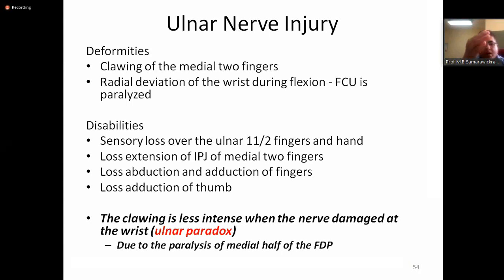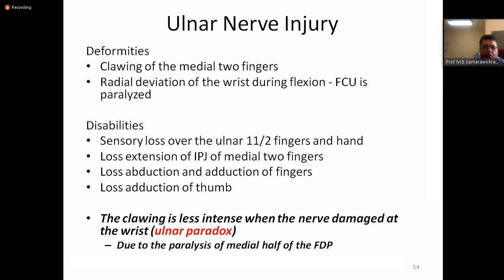So when the adductor pollicis is paralyzed, there is loss of adduction of the thumb. Like that you can work out everything. For any nerve injury, you should not learn the symptoms, signs, disabilities and deformities by heart. You should be able to work them out. The only thing you have to know is the functions of these nerves.